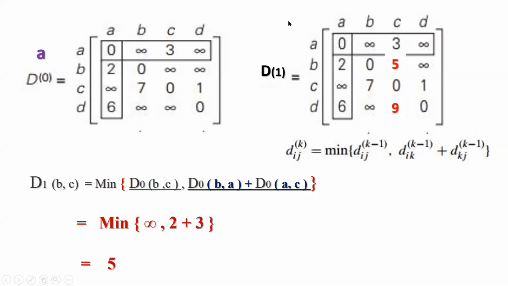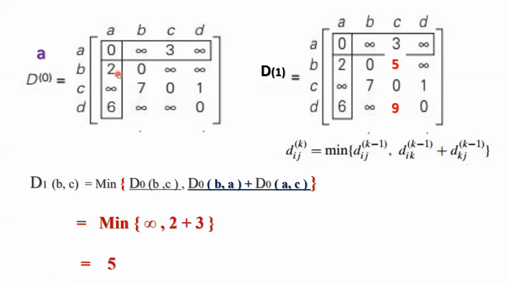So this is our first matrix. We were checking B to C. First, what is the cost of B to C in D naught? I will write it as it is. B to C in D naught is infinity. Then B to C by considering A as intermediate vertex means B to A to C. We shall check the path.